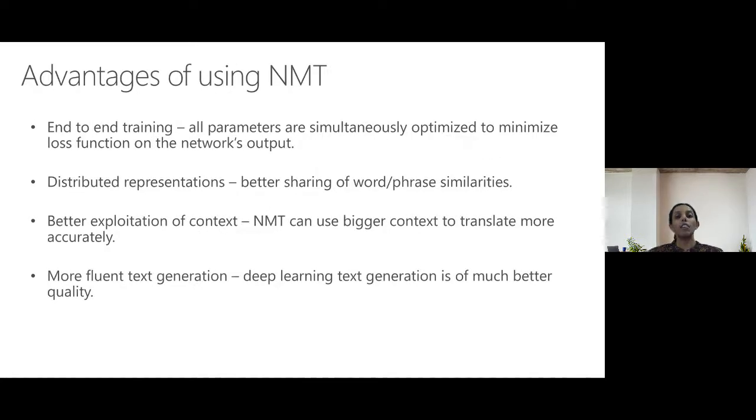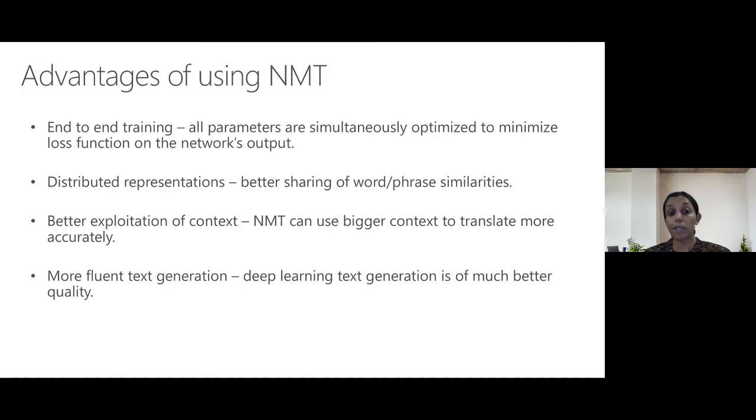Now, to wrap up this section, let's think of the advantages of using neural machine translation. One is end-to-end training, where all the parameters are simultaneously optimized to minimize the loss function of the network's output. Then you have distributed representations for better sharing of word and phrase similarities.